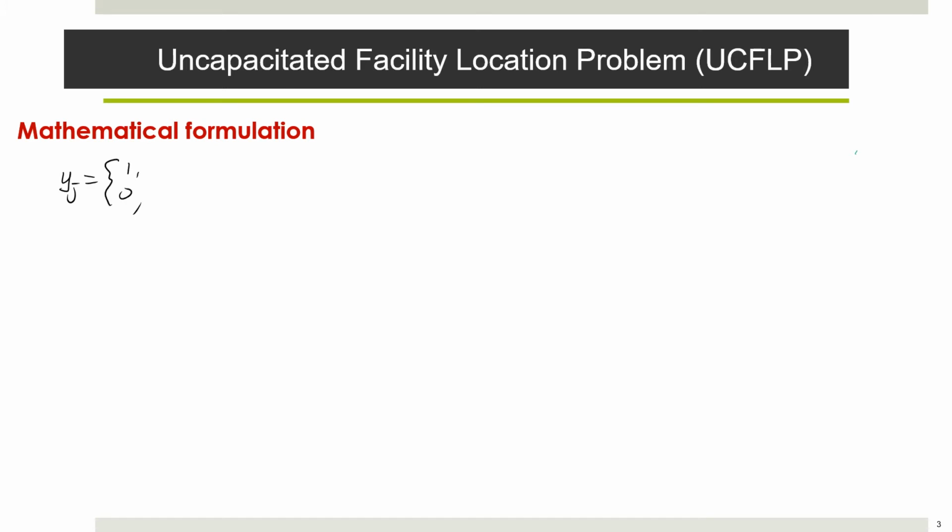variable, and it will take the value of 1 if a facility is located on site j, and there are n such facility alternatives.